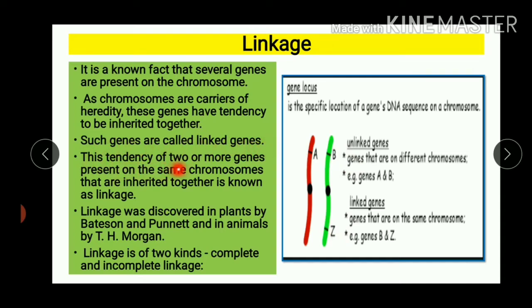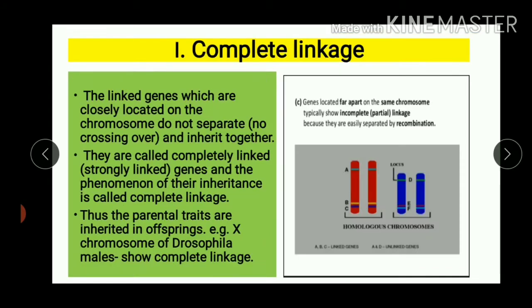This tendency of two or more genes present on the same chromosome to be inherited together is known as linkage. Linkage was discovered in plants by Bateson and Punnett and in animals by T. H. Morgan. Linkage is of two kinds, complete and incomplete linkage.